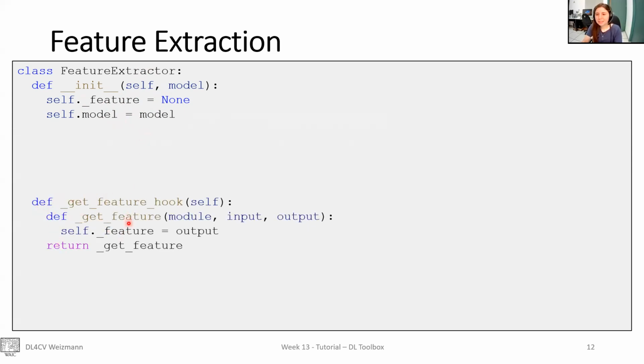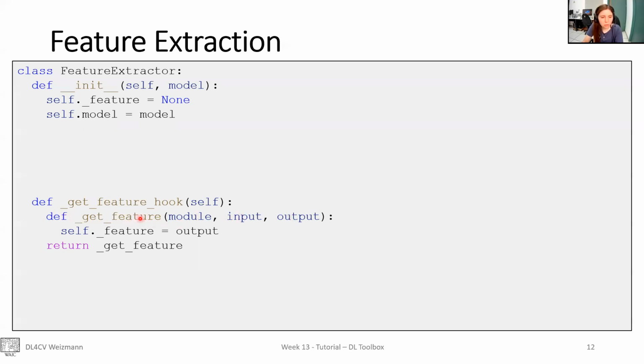So here is the slightly tricky part related to Python, so pay attention. We have this method, getFeatureHook, which inside of it defines the actual hook method. So you see that the signature of getFeature is module, input, output. As we said, the signature of hooks needs to be defined.